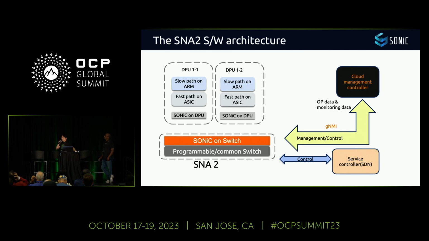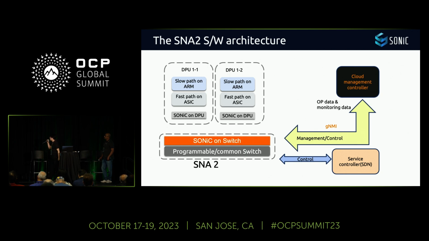Another important part is what kind of software architecture we are using. As the Smart Switch is a new hardware model, we are adapting the SONiC multi-chassis architecture for managing the device. We can see we are running SONiC on the switch and running SONiC on each DPU.